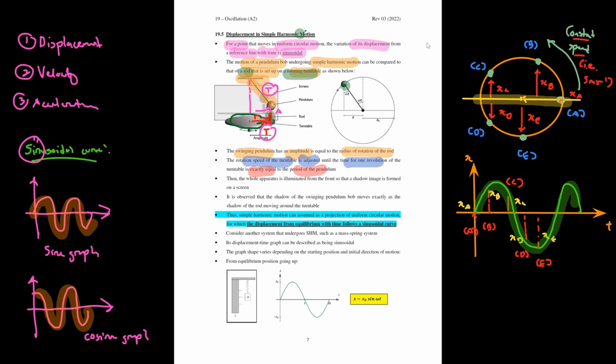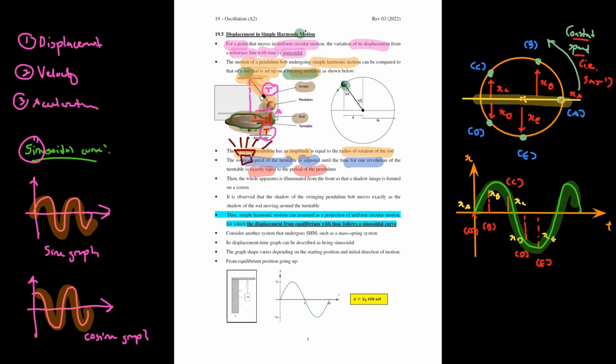You try to shine light onto these two systems, you put a screen behind them, and then you observe how the shadow moves. You see, when the rod is moving in a circle and you shine a light right at the front, you're going to get the shadow image like this.